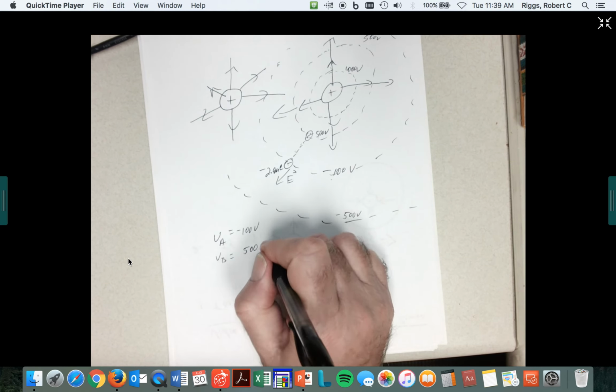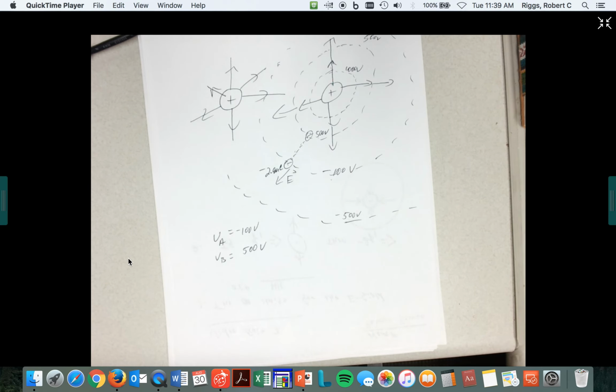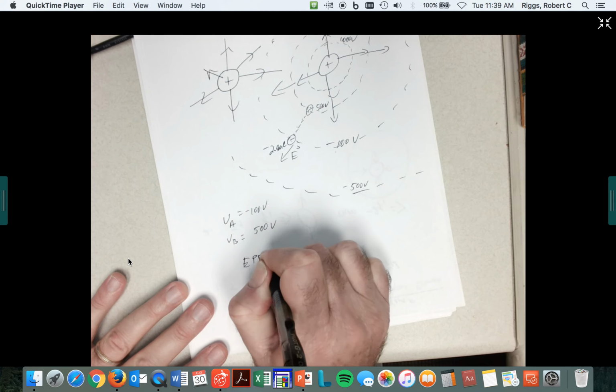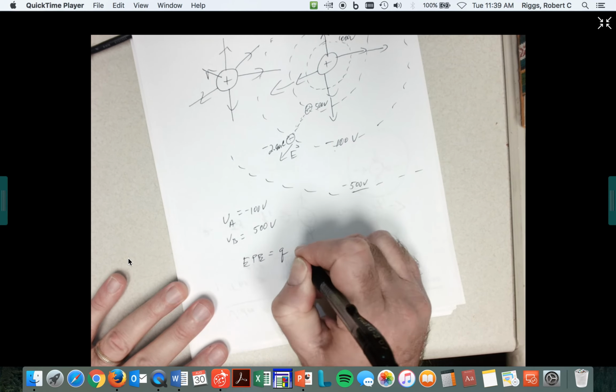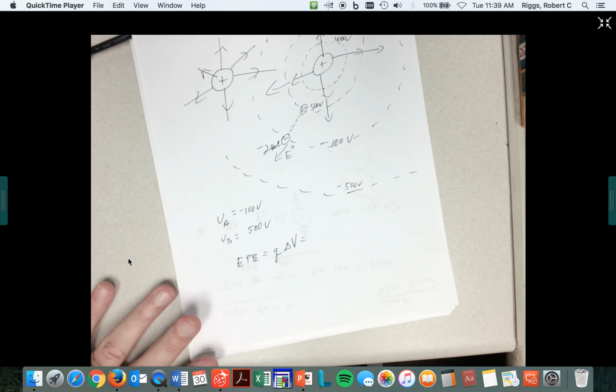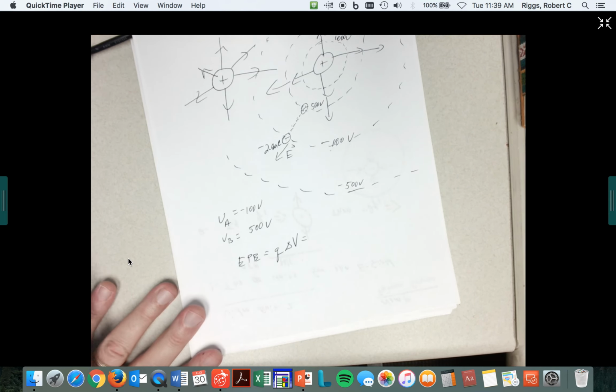What was its change in electric potential energy? Well, the change in electric potential energy is equal to Q times its change in voltage. And its change in voltage, as Sarah pointed out in class, she said, hey, you taught us that you go from VB to VA. You are so right.